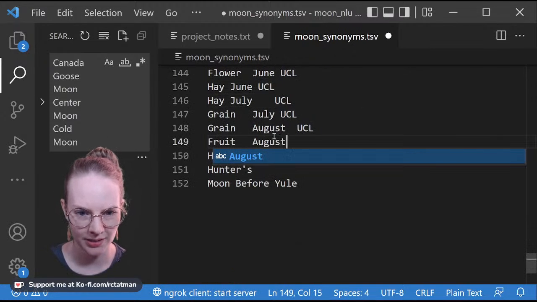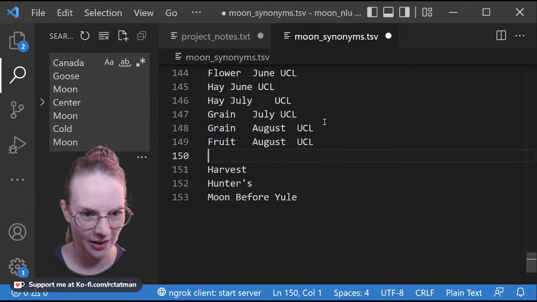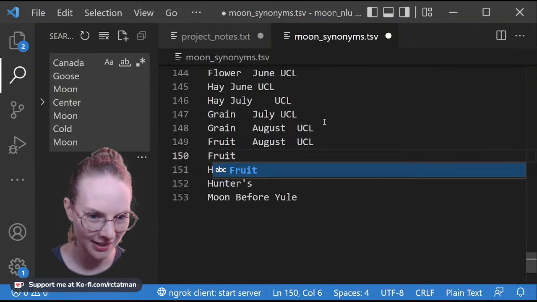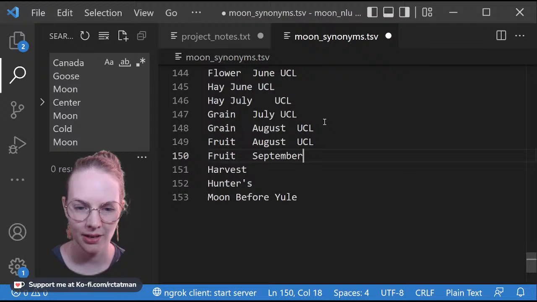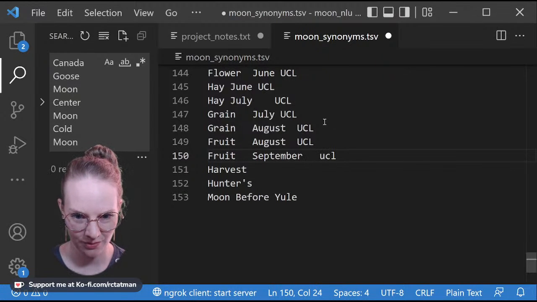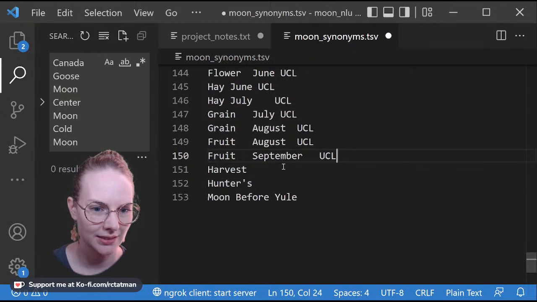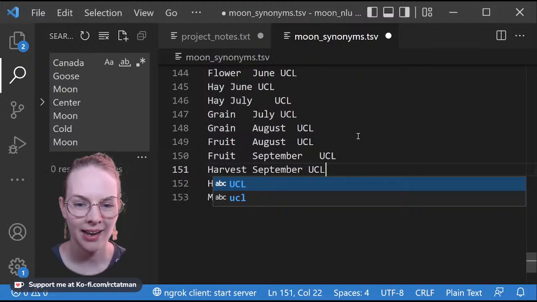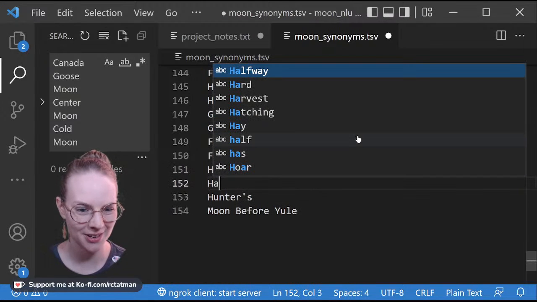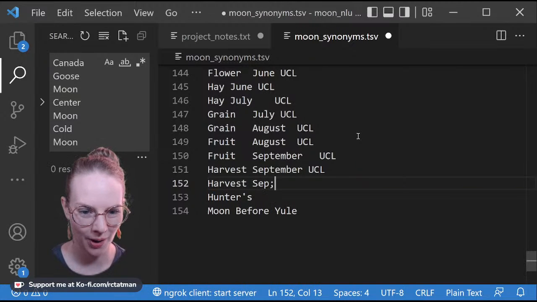Fruit, August, September. Also, shout out to those of you who are in your life trying to figure out how to deal with both a lunar and solar calendar as things that are important to you and, you know, require you to keep them.